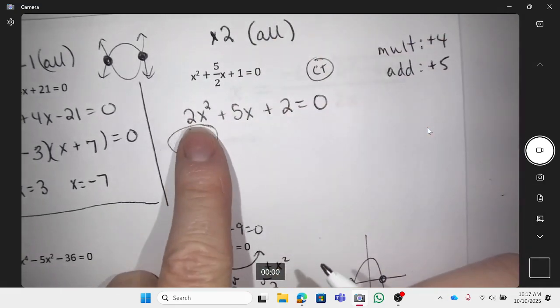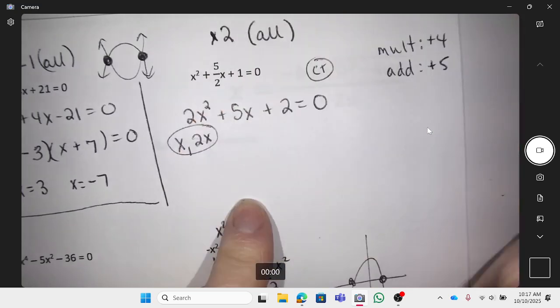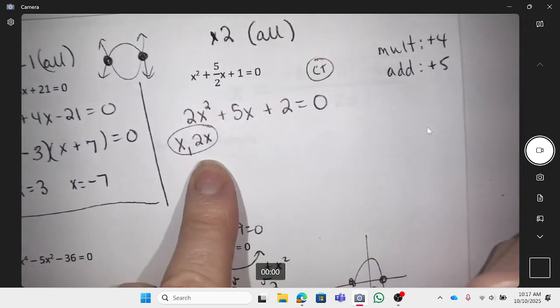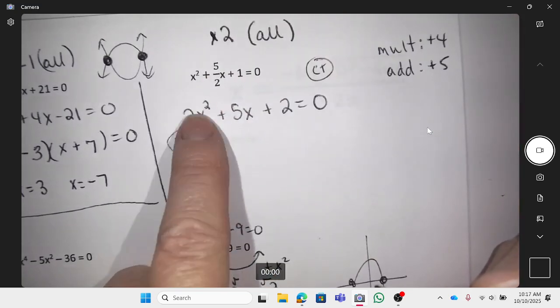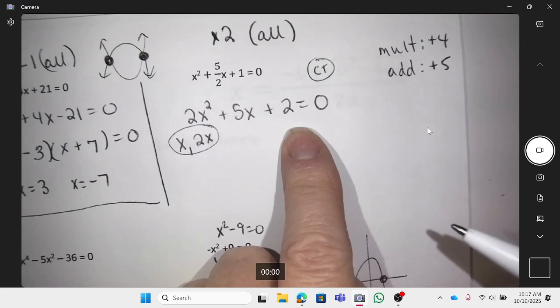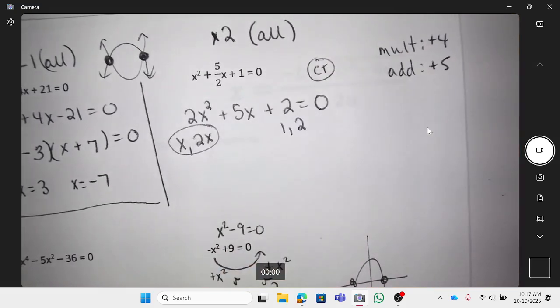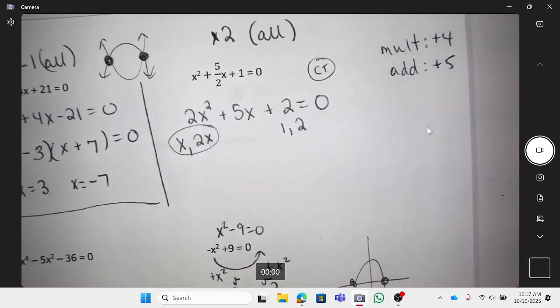Okay, so let's talk about this. How could you make this in your brackets, the F? You need 1x times 2x. That's the only way to make that in a bracket foil. What's the only way you could L to this? 1 times 2. Okay, so now your puzzle connectors on the O and the I, what are they going to do?